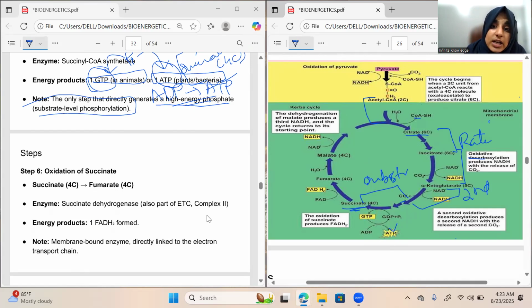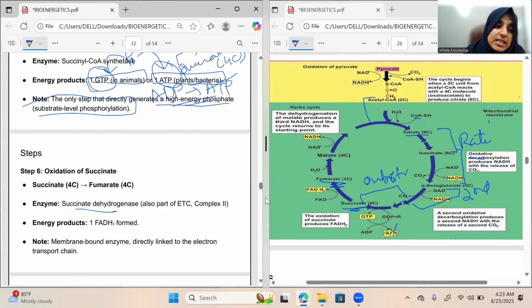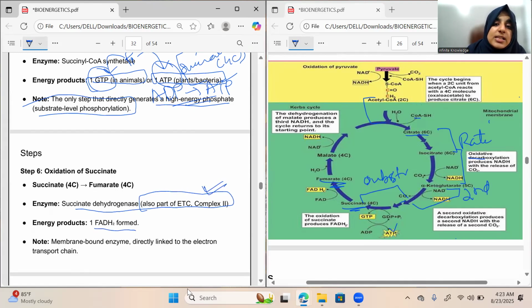It is being converted into fumarate. Now, fumarate is also a 4 carbon compound. The enzyme used over here is known as succinate dehydrogenase, which is also a part of the electron transport chain, complex number 2. And what is produced during this process? FADH2 is being produced. FAD is converted into FADH2.